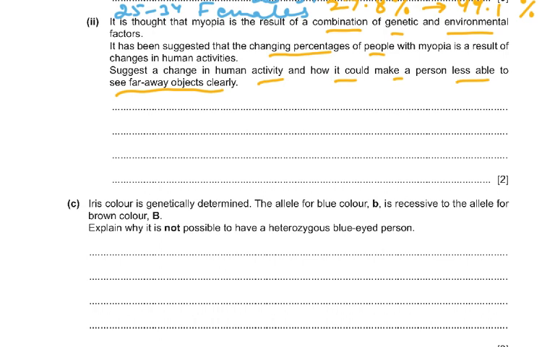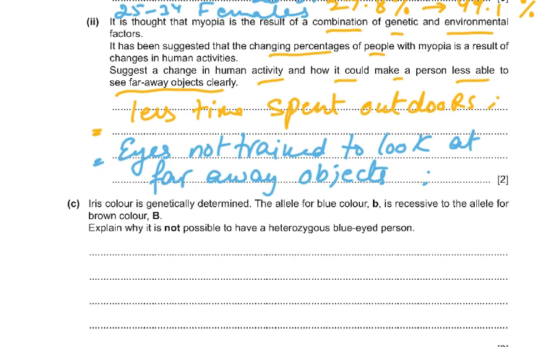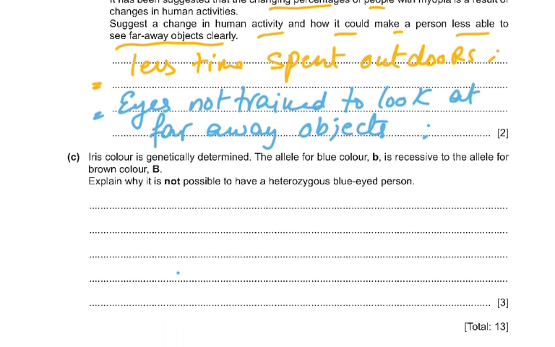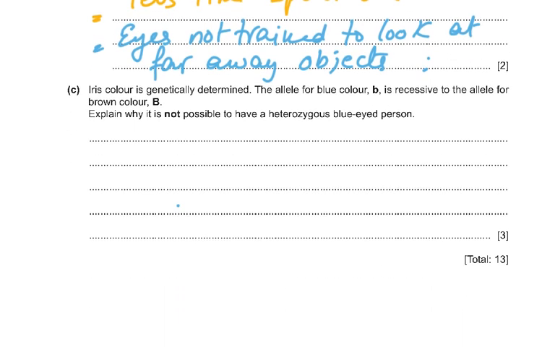So maybe it's just a suggestion. Suggestions can be anything. So if you just look at the wording, less time spent outdoors, eye is not trained to look at far away objects. Okay, then we come on to the last part, which is the C part.